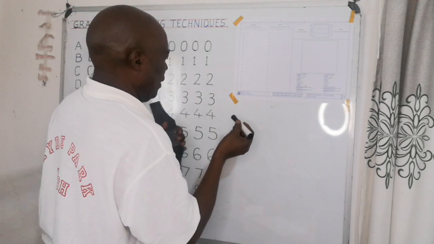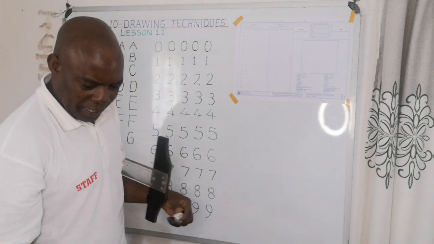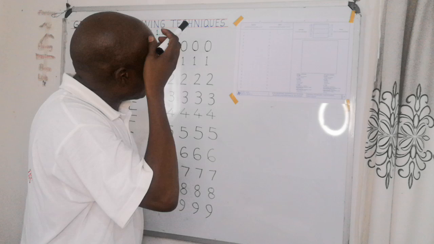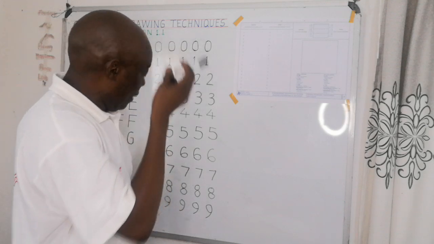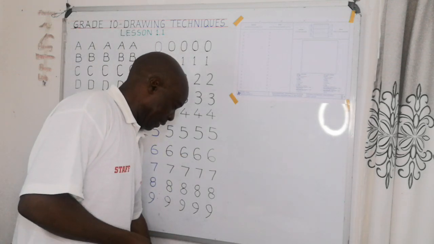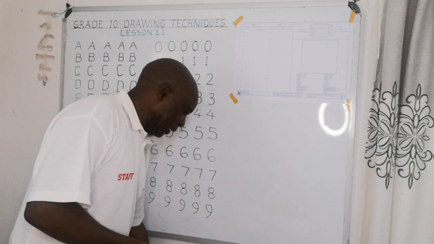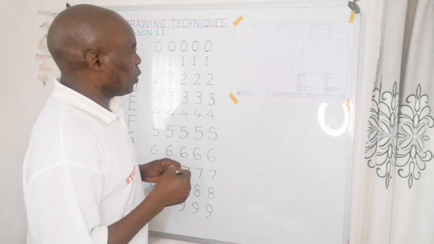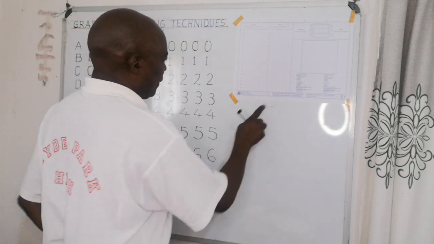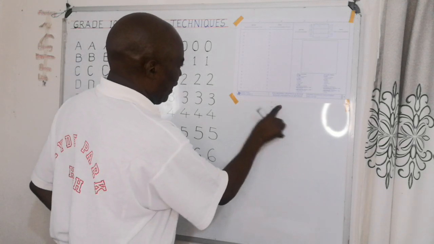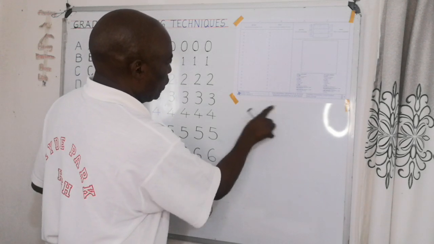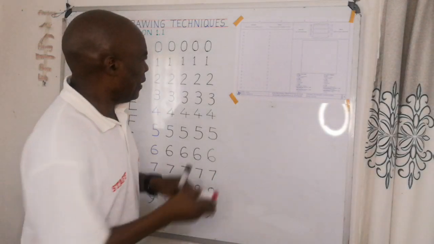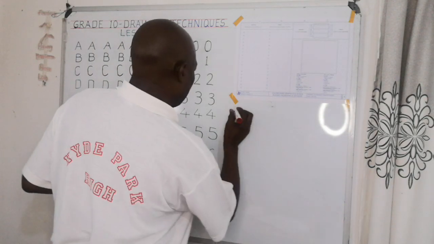Let me number them. We've got type A line. Type A lines are outlines which are drawn using HB. HB is the one which gives us outlines, and there are also other types of lines that we use HB to draw. So let's call it type A line.